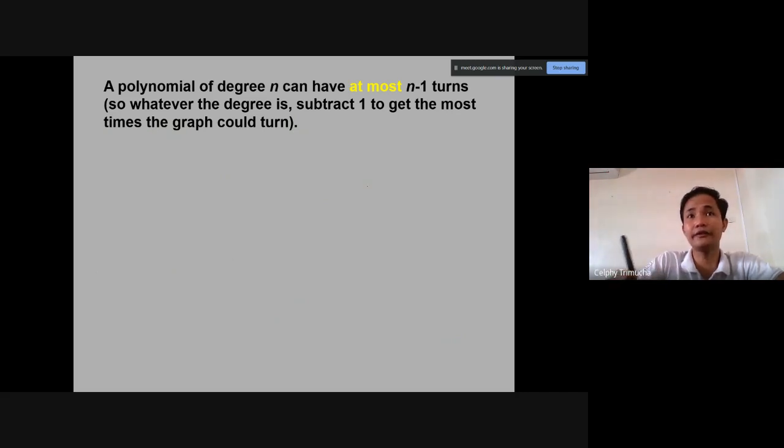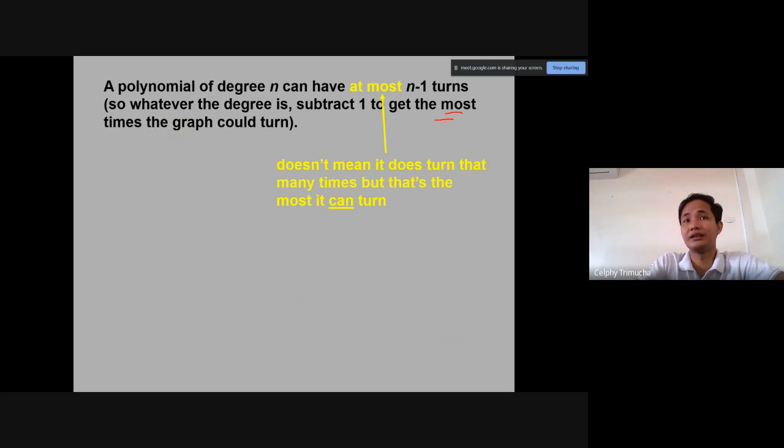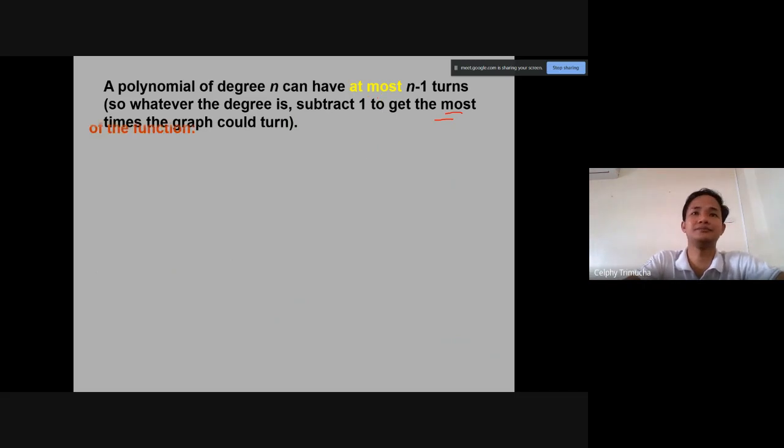So take note of the word most. This doesn't mean it does turn that many times, but that's the most it can turn. So, pwede nga nag-turn siya or pwede nga na-achieve niya ang n-1 or wala.